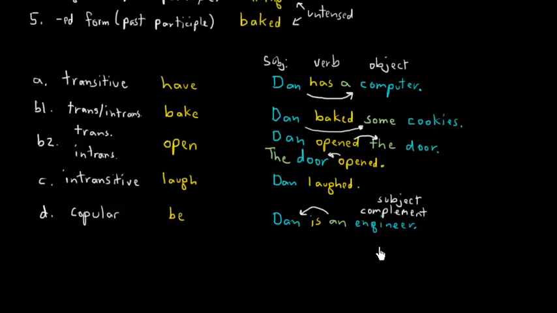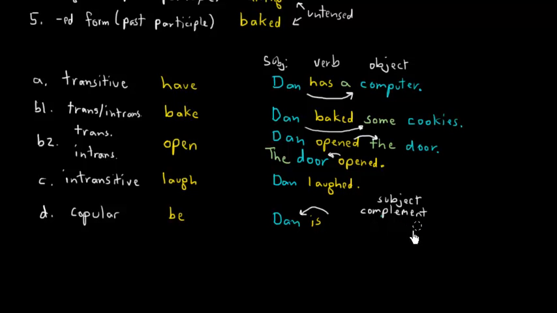And we're going to find out there's other kinds of complements that complete the thought represented by another word. And so Dan is an engineer. So here we used a noun phrase. Does it have to be a noun phrase? Well, no, actually it doesn't. So we won't use a noun phrase this time.